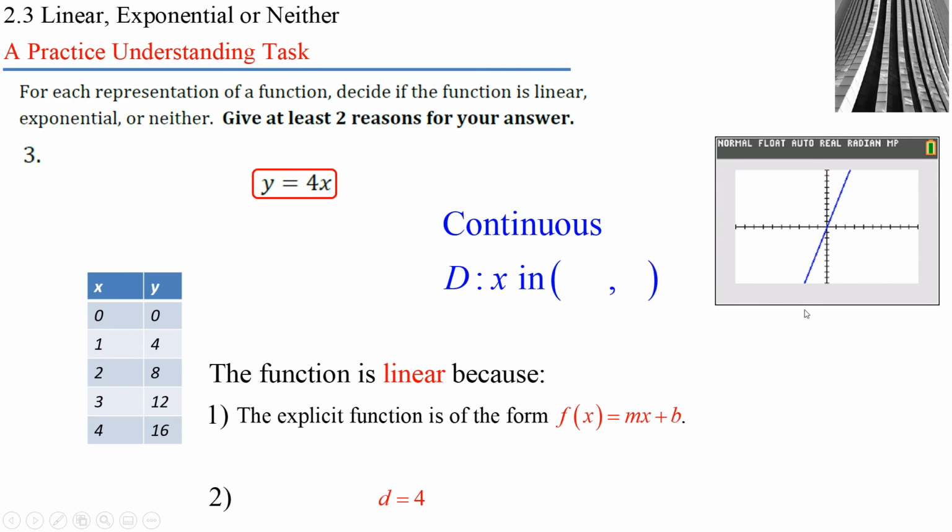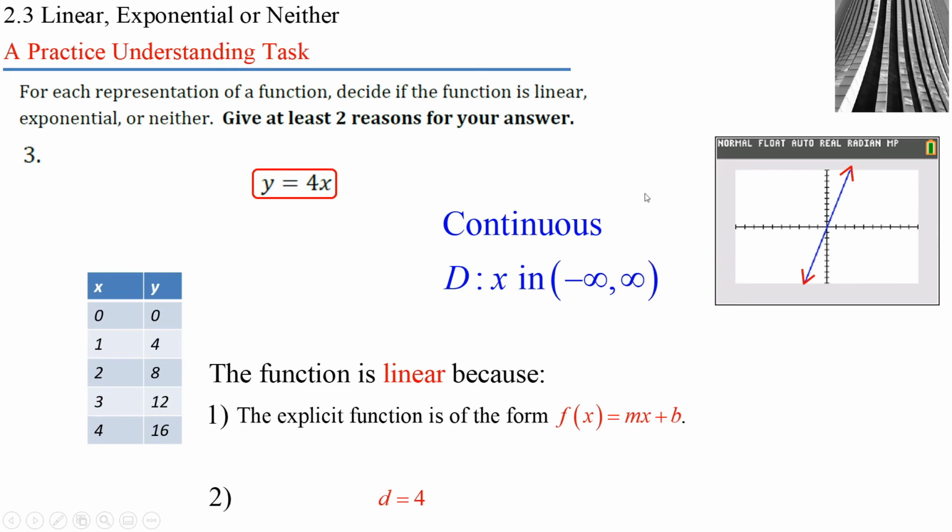You can't see it in the window, but it is implied that we go forever in this direction, meaning my x's are going forever towards the left, approaching negative infinity. We can never reach negative infinity, and that's why I must use a parenthesis right there. And there's another arrow on the right. So on the right, how far am I going horizontally? To infinity. And there's our domain right there.